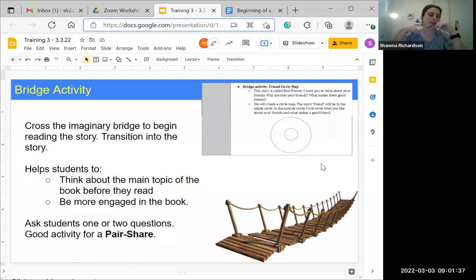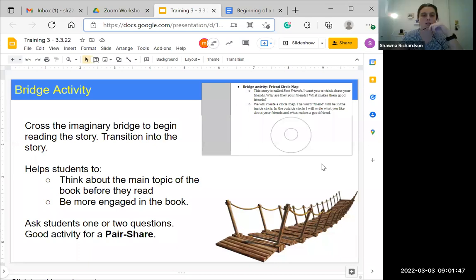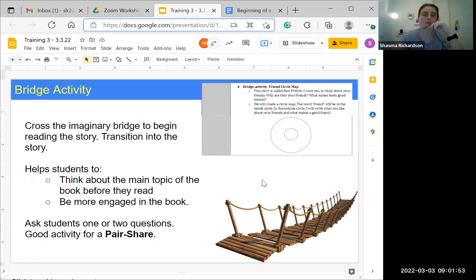Thank you so much for sharing how it's important to put your vocabulary words on a chart on the wall so that students can continue to look at it and learn from the new words. The main important part of the bridge activity is that it helps you transition into the story.